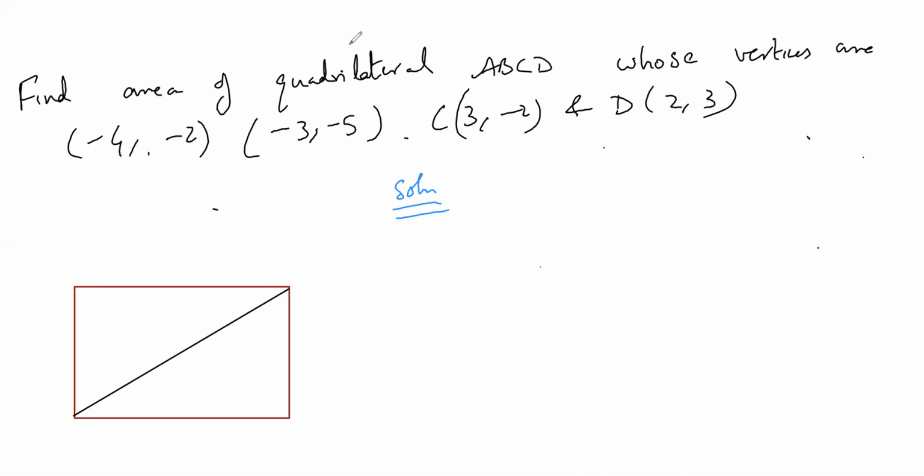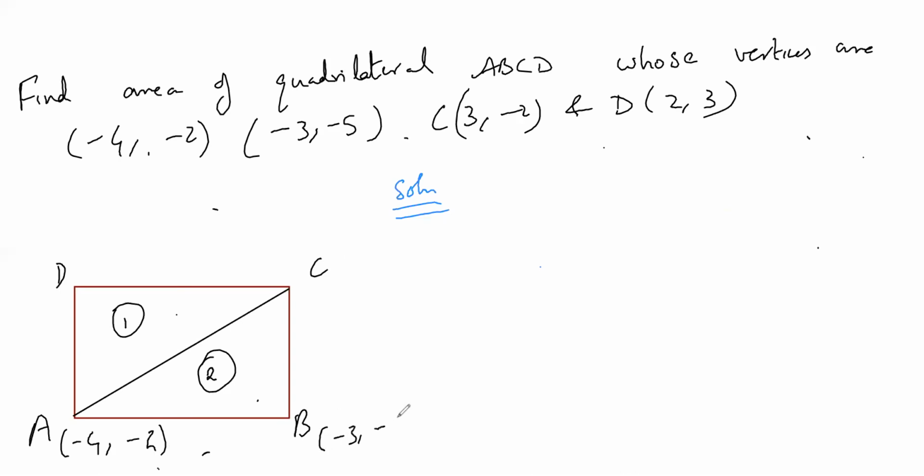So I will take this as triangle number 1 and this is triangle number 2. Putting A, B, C, D, I will put the coordinates. A is -4 comma -2. B is -3 comma -5. C is 3 comma -2. D is 2 comma 3.